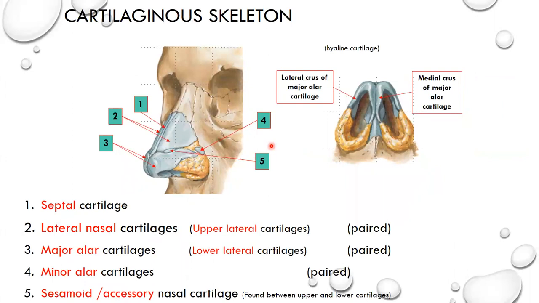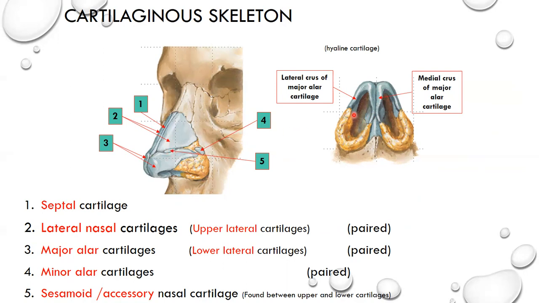Okay, next part is the cartilaginous part of the external nose. There are 5 cartilages that form the external nose. One of them is the septal cartilage in the middle, and on the lateral, there are 2 lateral nasal cartilages, right and left, and we have major alar cartilages, right and left, minor alar cartilages, right and left, and a sesamoid or accessory nasal cartilage.